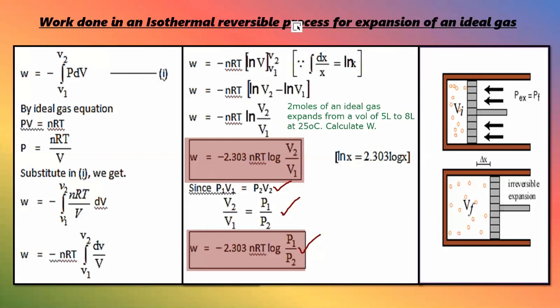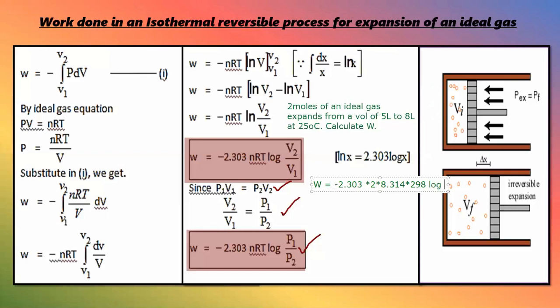We have our expression. What will we write? We will write W is equal to minus 2.303. Now here n means 2, R is 8.314, and T is 25 plus 273, which is 298, right?